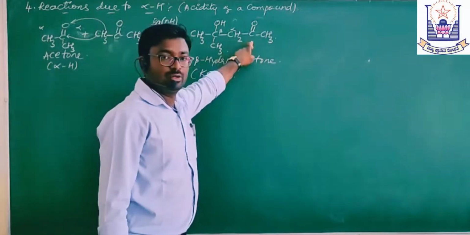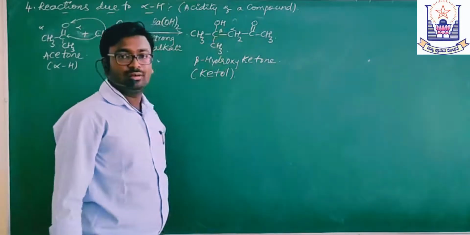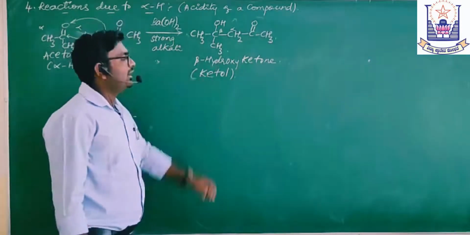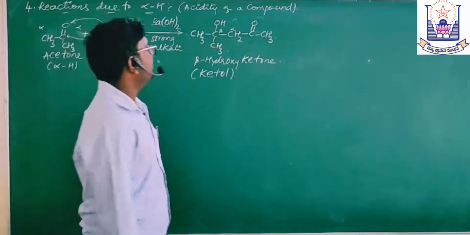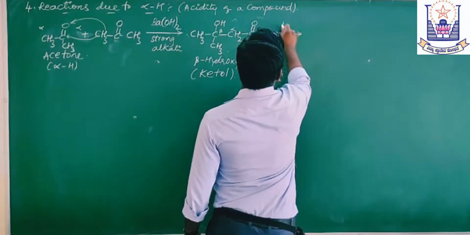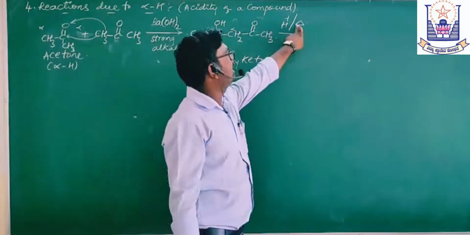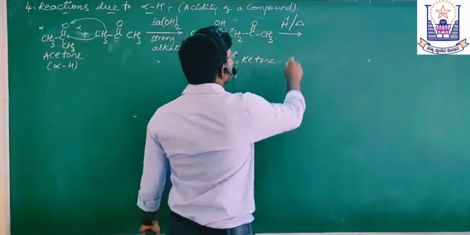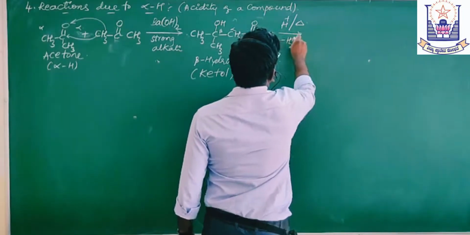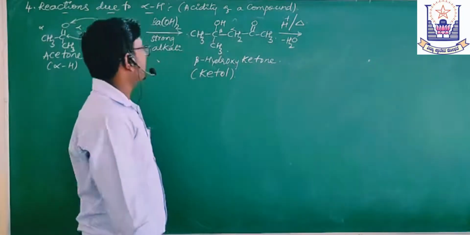Ket stands for ketone, ol stands for alcohol. What is ketol? Beta hydroxy ketone. When this is treated with an acid or heated, delta implies heating, H2O will be released as the byproduct.